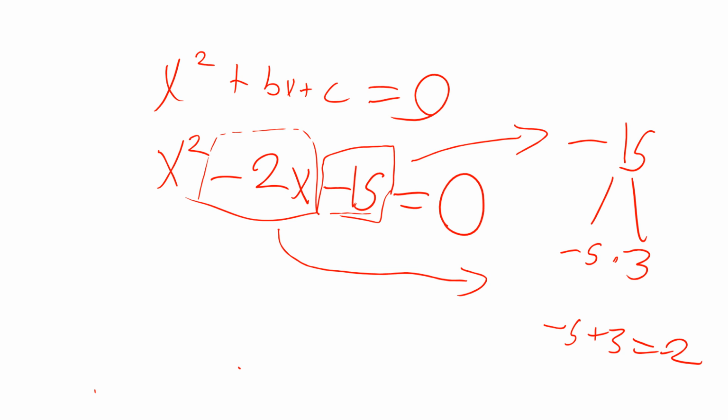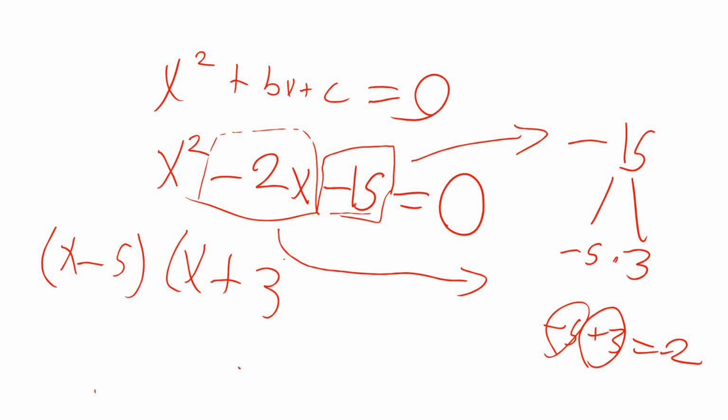We've learned factoring in previous videos. So we know we're going to have an x here and multiply binomials, and we have a minus 5 and a plus 3. The minus 5 goes into the first one, and plus 3 goes into here.